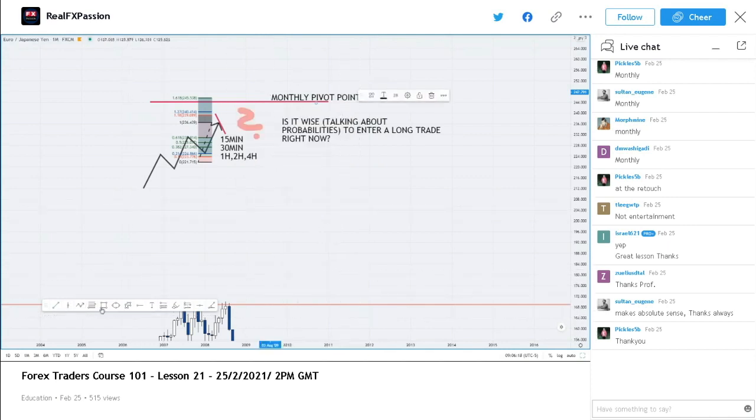You have your alarms too, blinking buy. The Telegram group and the Facebook group that you are part of are telling you to go long on Euro JPY in here. Even your mama and your papa are telling you to buy. Is it wise to go long in here?